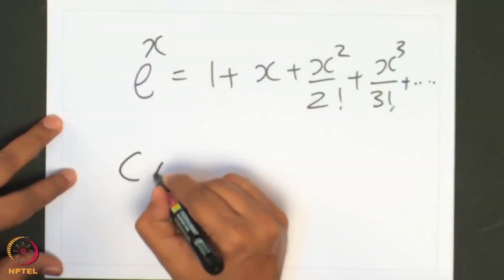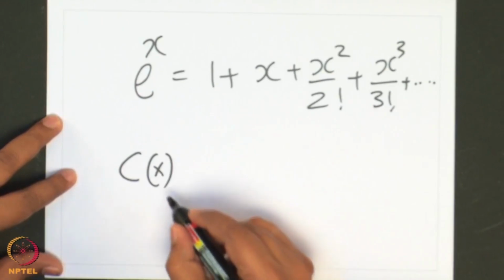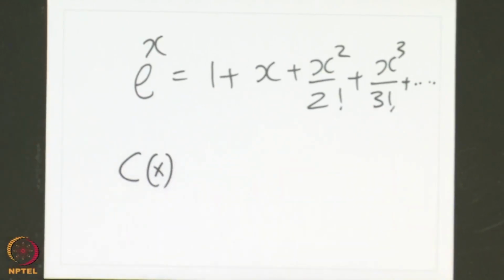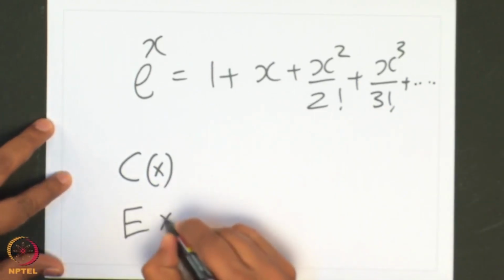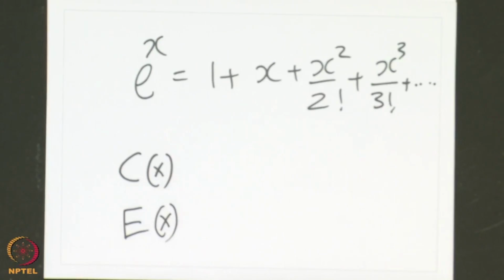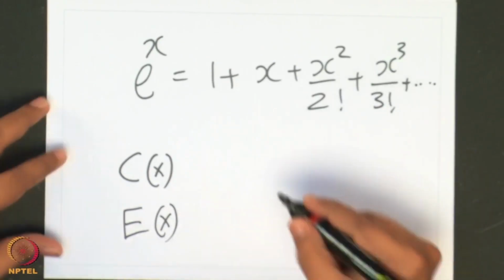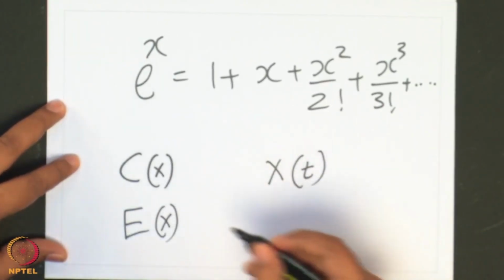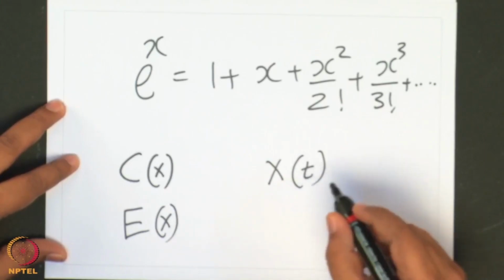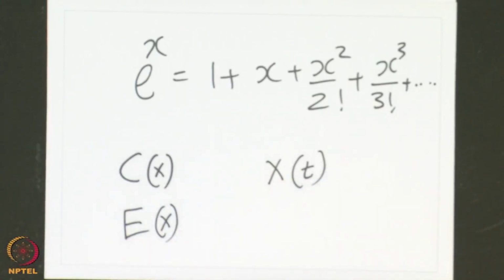So you want to know C of x, the concentration at some point x if you know some other information, or we want to know energy as a function of x, or the position as a function of time. So this is concentration, energy, position. We want to know all of these functions.